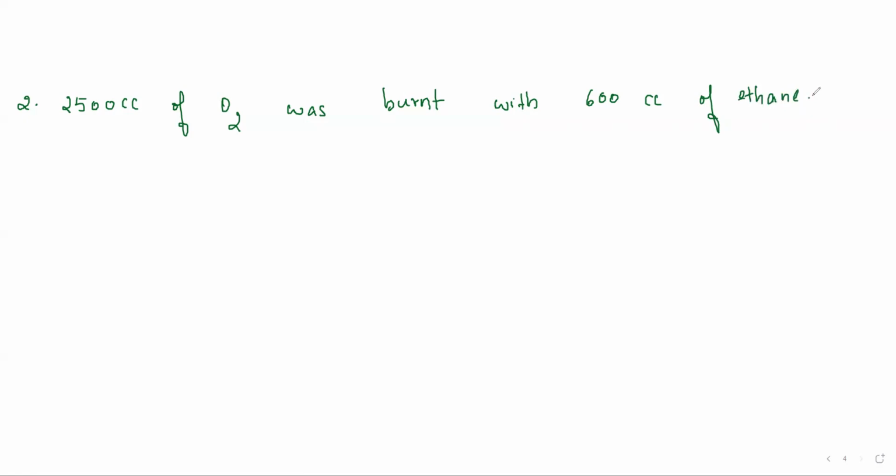Moving on to the next question. 2,500 cc of oxygen was burnt with 600 cc of ethane. Equation will be given.